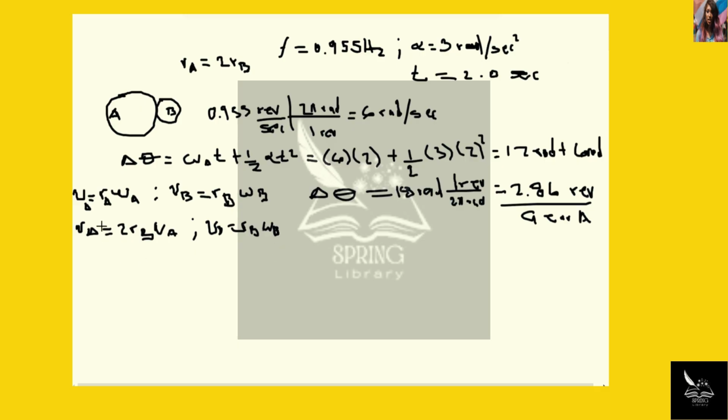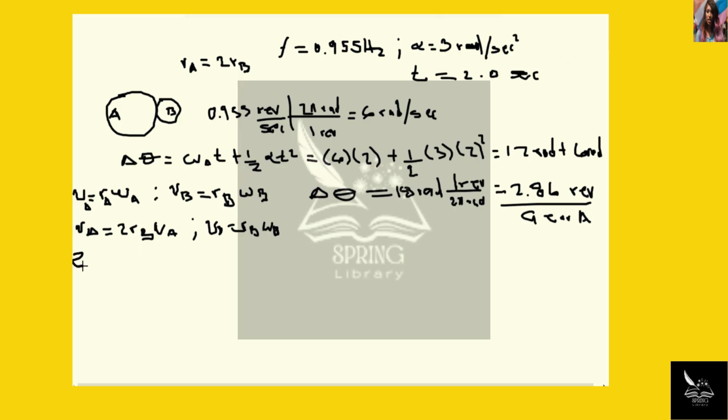Now, since we know that these two gears are in contact, we can assume that at the moment when they are in contact, they will have the same instantaneous velocity. So VA is equal to VB.